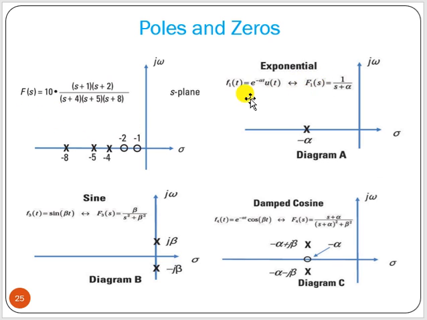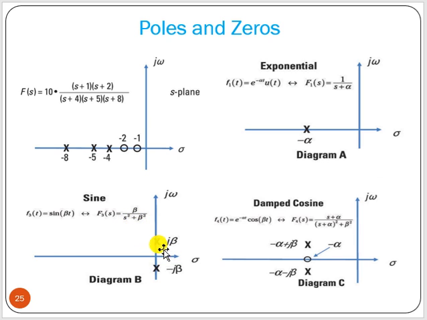Now say the exponential term e to the power minus alpha t u(t). If you convert into the Laplace domain, it is 1 by (s plus alpha). If it is exponentially decaying, the pole is on the left half. If it is e to the power alpha t u(t), exponentially increasing, that should be on the right-hand side at plus alpha. Now the sine term, sine beta t, is nothing but beta by (s squared plus beta squared).